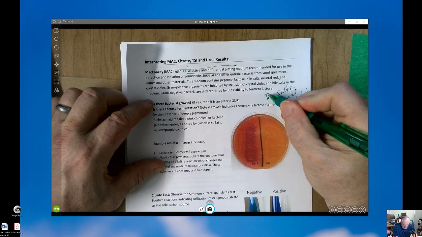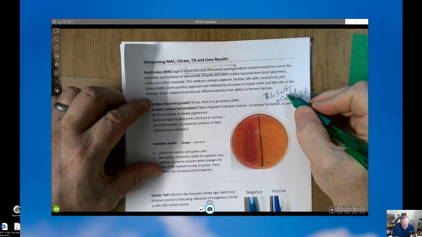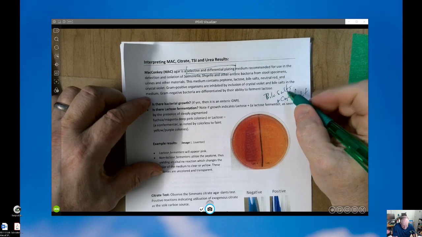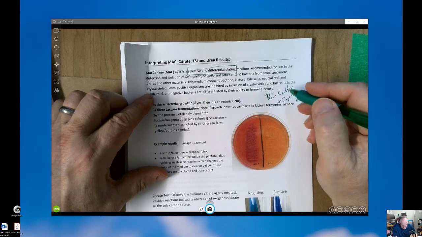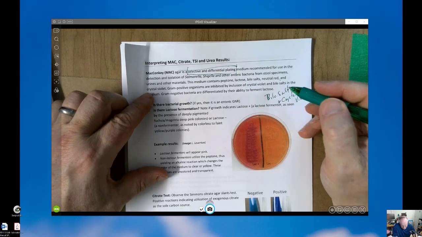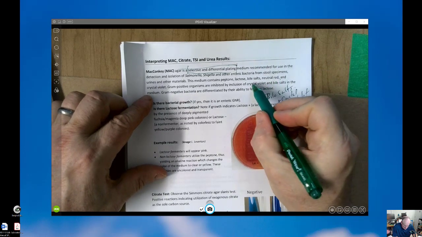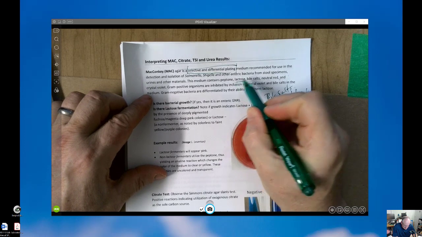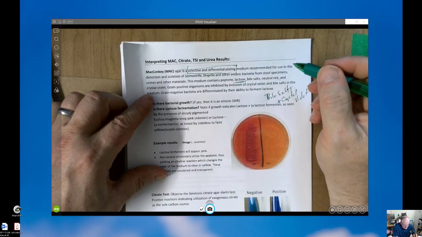Bile salts is a type of bile that is salty that most of the gram positives cannot handle, and it's a rather vile type of material, but the enterics can handle it because that's the environment in which they like to live. So the MacConkey has lactose, bile salts, neutral red, crystal violet.